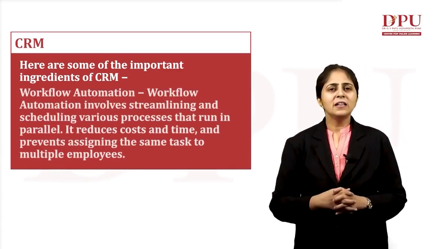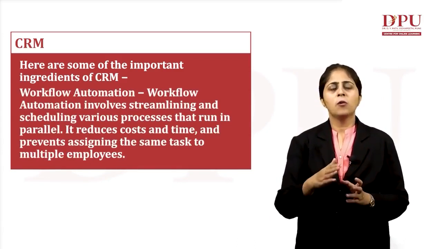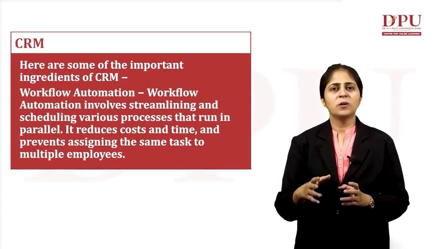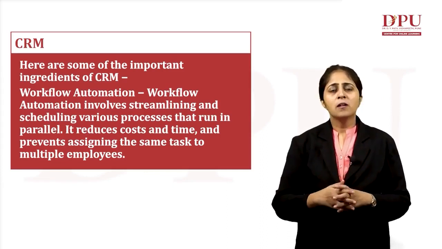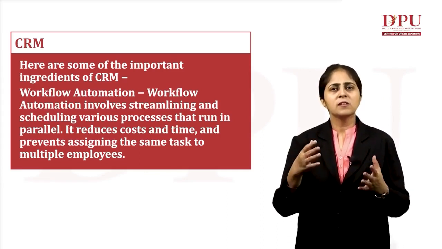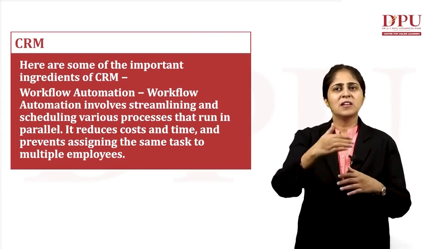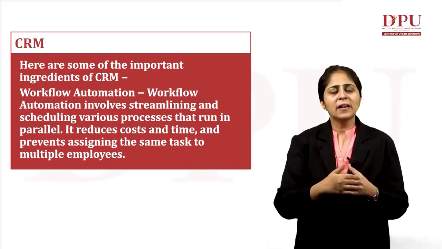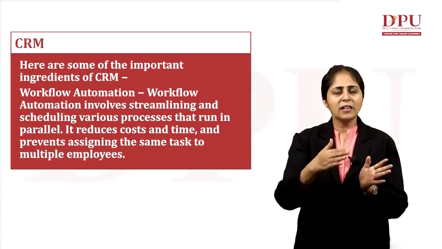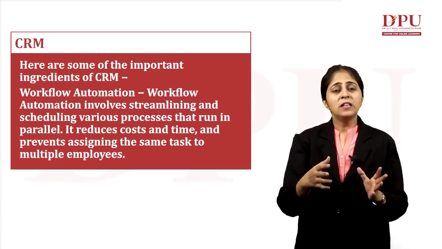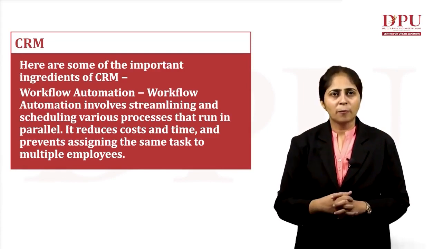Another thing here is workflow automation. Workflow automation involves streamlining and scheduling the various processes that run in parallel. We have various processes in the organization that can run in parallel at the same time. So we need to check that these processes are running in parallel in a proper way, and we need to create a proper schedule for running them.